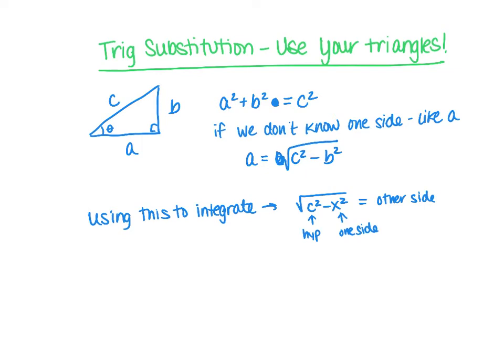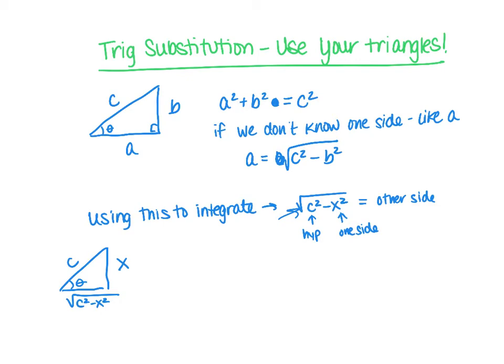So let's draw our triangle and label it like that. So this is c, the hypotenuse. Let's label this side as x, and then this side is the square root of c squared minus x squared. Here's my triangle I'm going to use for any integral that has this kind of radical in it.